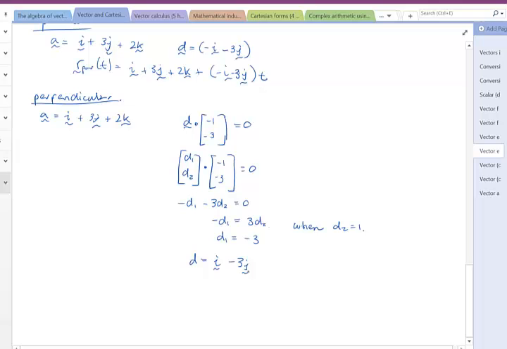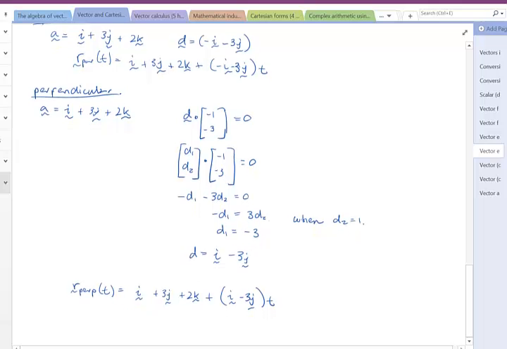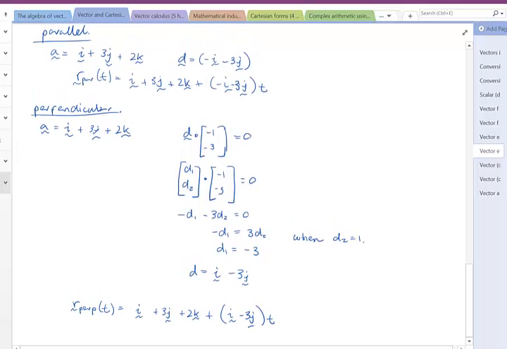And that will be one of the perpendicular solutions, which means our perpendicular line, r perpendicular, will be i plus 3j plus 2k, and we add on our direction vector, -3i plus j multiplied by the parameter t. And there we have it, there's our parallel and our perpendicular vector equations of lines.